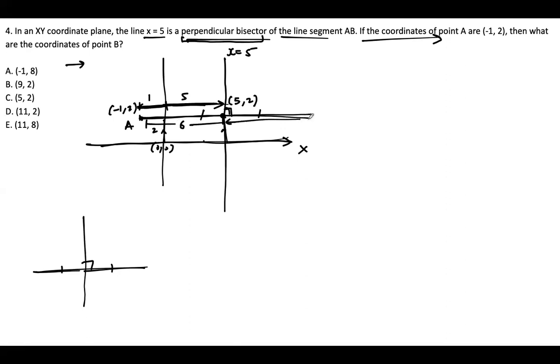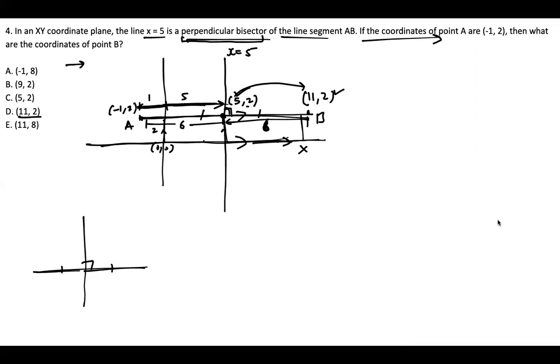This will also be 6 units. If this is 5, 2, then you just need to move a distance of 6 units. So the x coordinate is 11 and the y coordinate remains the same, which is 11, 2. Tell me if there is any problem. So this line segment AB is parallel to the x-axis.